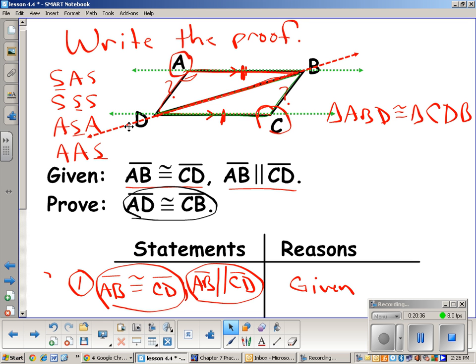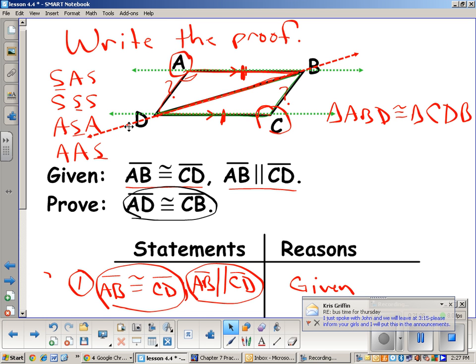I don't like the interior or the exterior. Okay, what about interior? Inside the parallel lines, but what goes with it? Interior angles. Not just interior angles. There's more to it than that. Alternate interior angles, that is, so we need to consider alternate interior angles. And then what other kind of interior angles were there? Same side.